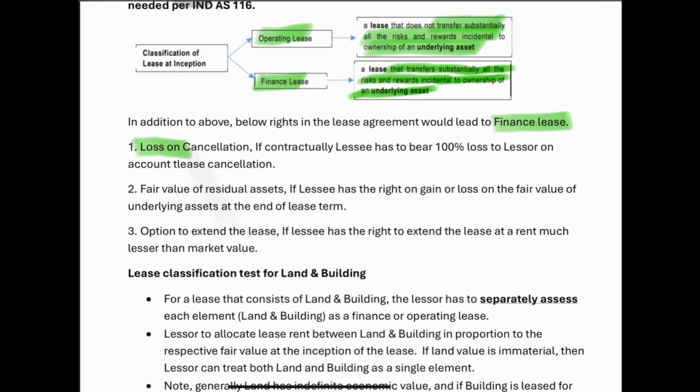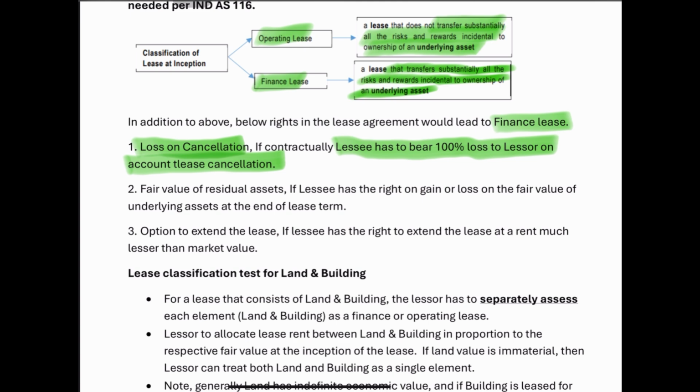First, loss on cancellation. If contractually the lessee has to bear 100% loss to lessor on account of the lease cancellation, and that contract clause is available in the lease agreement, then it's a finance lease. Here the lessee gives assurance to lessor that the lessee will bear 100% compensation of any loss on account of cancellation of lease, then it will be termed as finance lease.